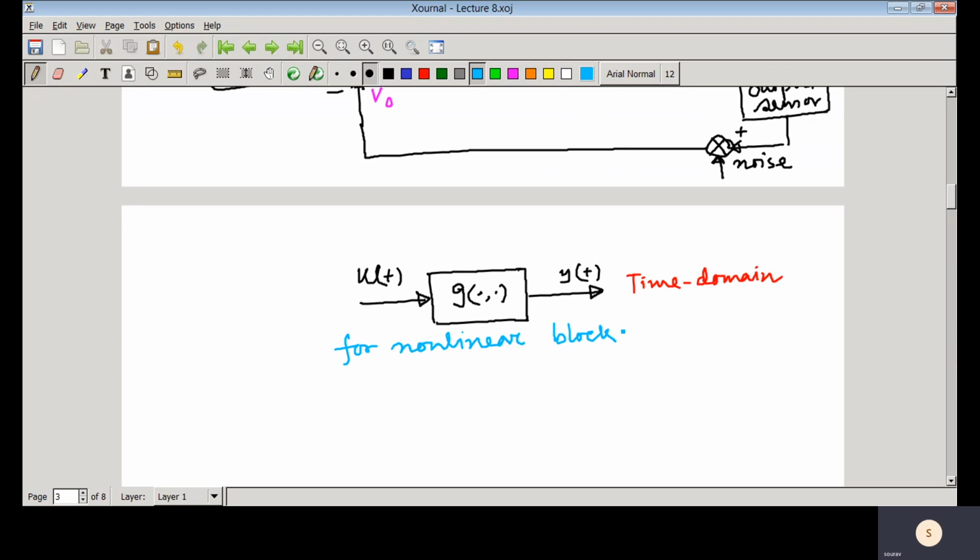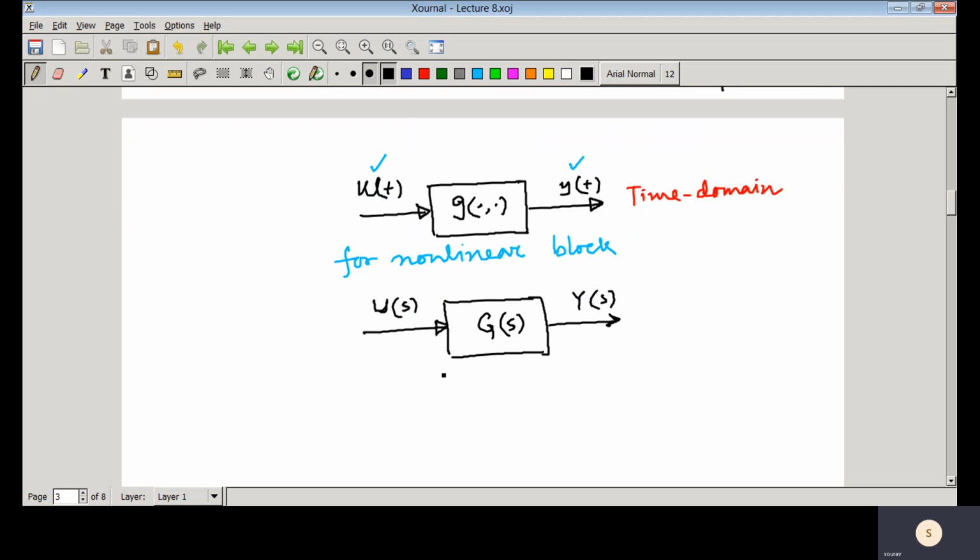That means if you want to represent a nonlinear element involved in a closed loop control system by block diagram, you should go with the time domain representation. The reason is the transfer function concept is not applicable to nonlinear systems. But in case of a linear time invariant system, a block is represented like this. This is actually the input output behavior. So U(s) is the input and Y(s) is the output, and here you have the transfer function.